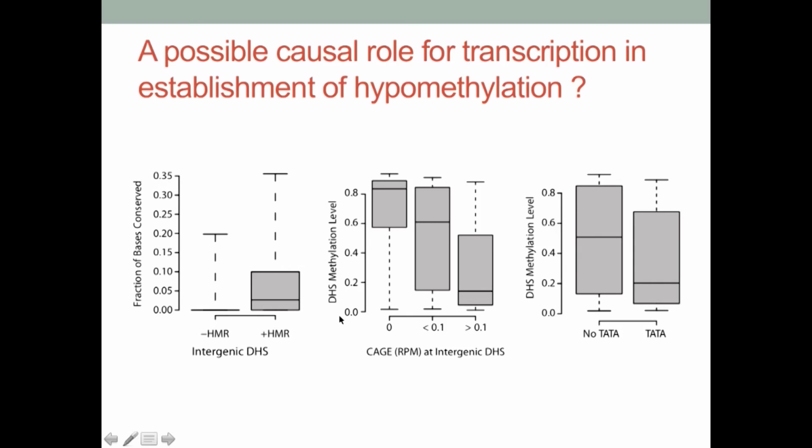The lower the methylation, the higher the likelihood that the DHS will also produce some kind of transcript. And then looking at whether or not the DHS has a TATA box, the ones that have a lower methylation level also seem to be more likely to have this conserved TATA motif.